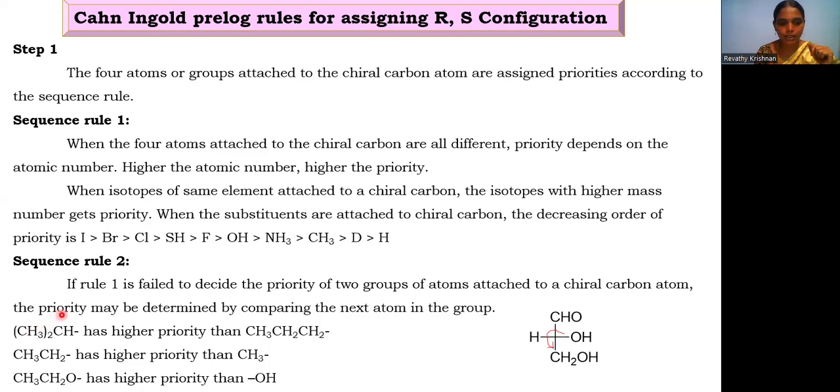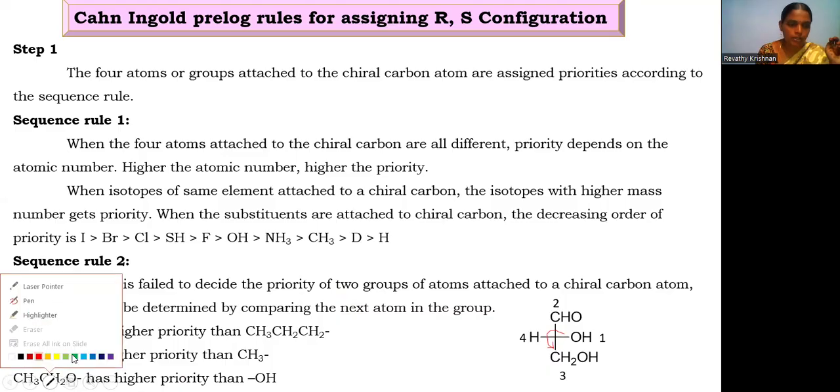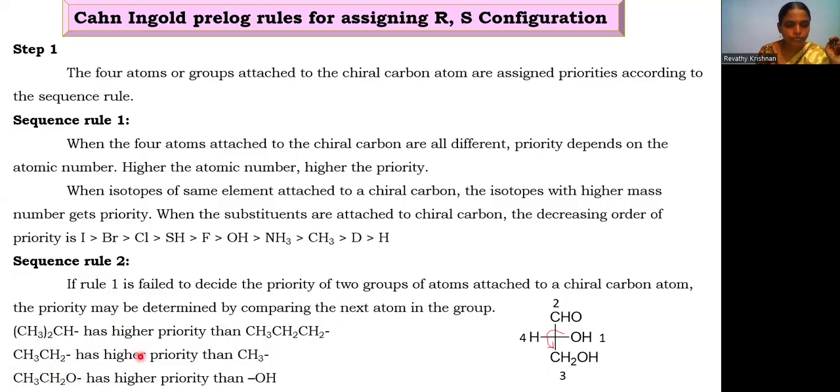Another example is a molecule having methyl as well as ethyl. The methyl group has lesser priority than the ethyl, because the methyl carbon has three hydrogens, but in ethyl the attached carbon has two hydrogens and one methyl group.